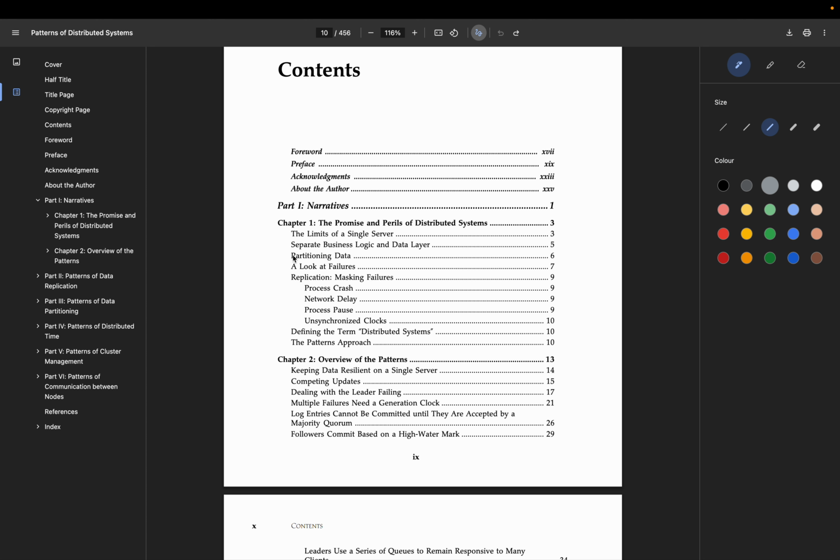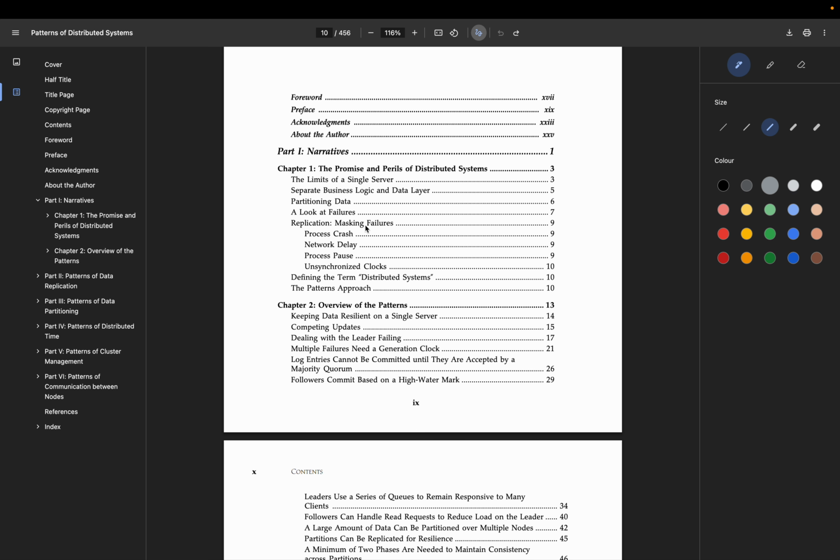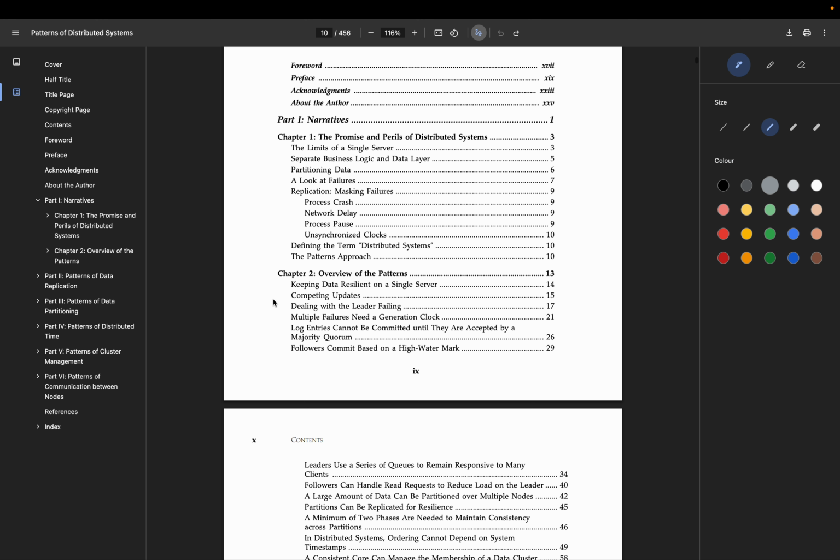Separating business logic and data layers: why should we always separate the business logic and data layer into different servers? Partitioning of data, what a failure looks like, how replication works, masking failure, process crash, network delay, process pause, unsynchronized clocks, and many more. Also, we'll go through how we define a distributed system, what patterns we can figure out, and how to approach those distributed systems. All these are part of the first chapter.